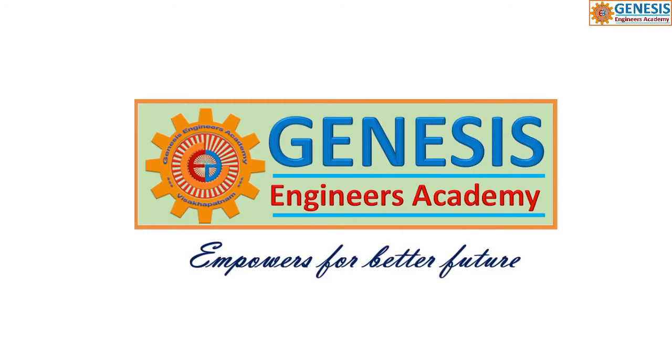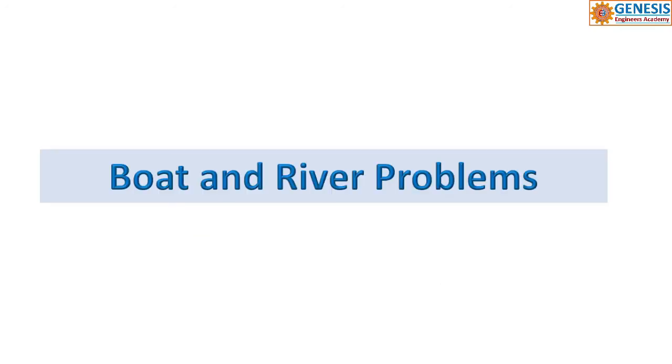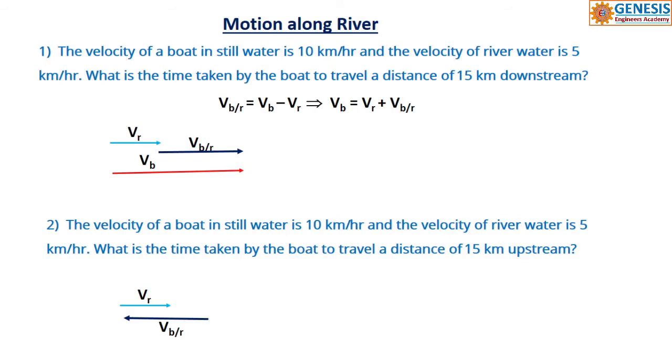In this video, I am going to discuss boat and river problems. Before going into the full details, let us discuss relative velocity. What is the relative velocity of the boat? Here VBR means velocity of the boat relative to the river velocity.